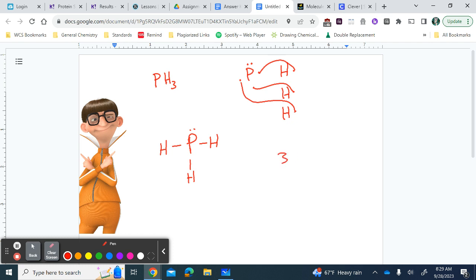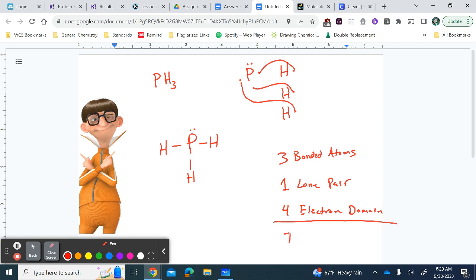We have 3 bonded atoms in this molecule. We have 1 lone pair. We have 4 electron domains. This is trigonal pyramidal. If we draw our vectors, our hydrogens are being pulled toward our phosphorus in 3 directions.